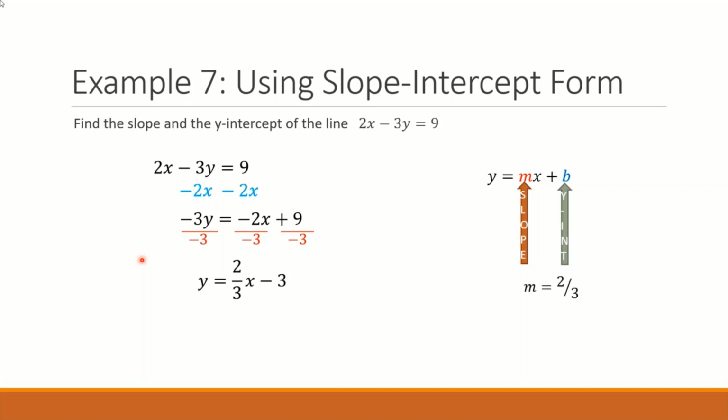The y-intercept would be negative 3, and you can rewrite that as a point (0, -3). So when you see something like this and it's asking for the slope and the y-intercept, you want to put it in slope-intercept form, because then you can just compare that, find the slope, and find the y-intercept. To do that, you just solve for y and simplify.